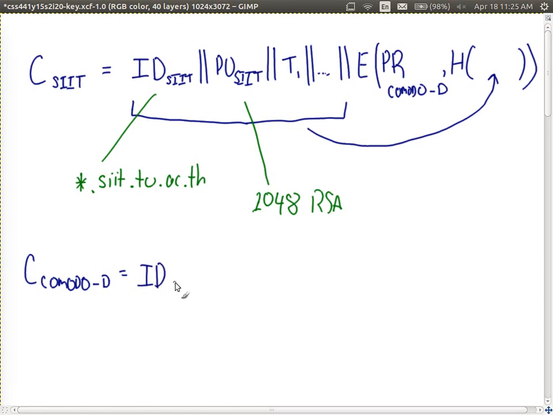The public key, the public key of Komodo, encrypted with the private key and the hash of all of that.